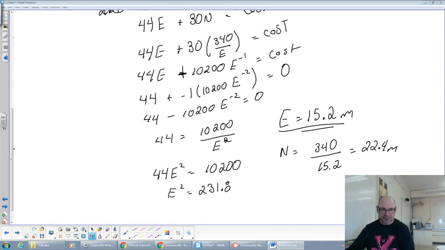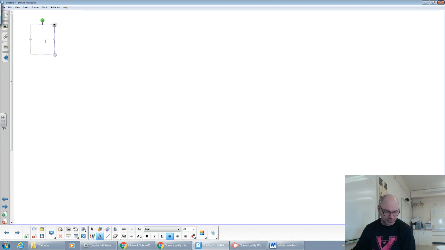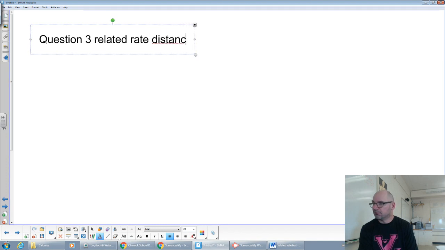Okay, the third question deals with a related rates distance problem, like the squirrel running up the tree type example. So let's do that on the next page here. Okay, question 3 is a related rate distance problem.